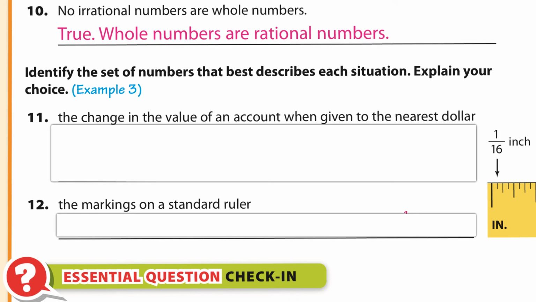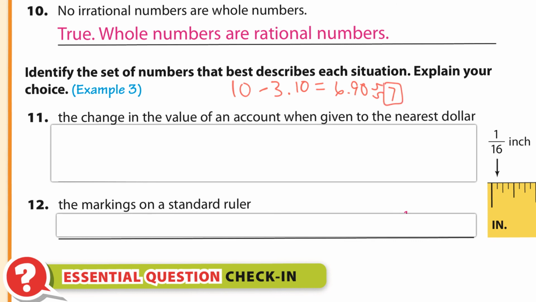Because if you have, let's say, $10 and you spend something that is $3.10, your change is what? It's 90 cents, $6.90, but you're identify it. So the change in the value of an account to the nearest dollar would be 7, which is a whole number.